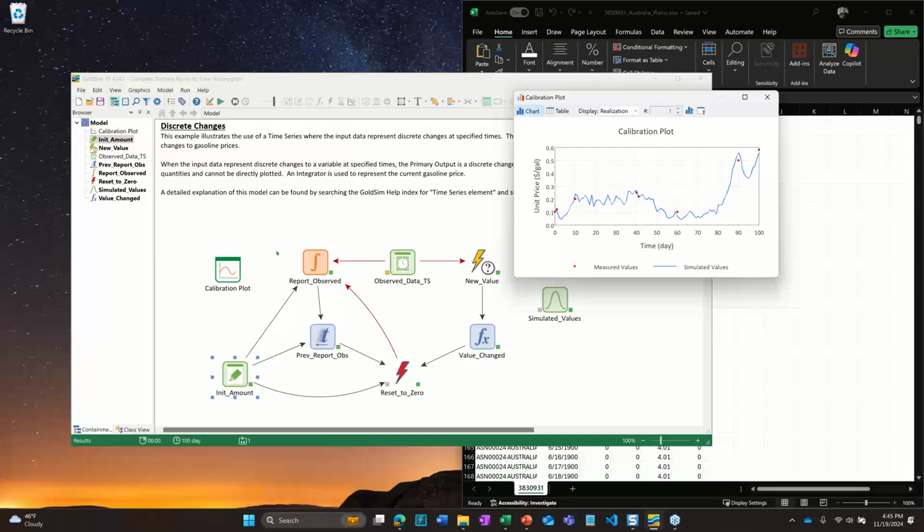Not only that, you could do an optimization in GoldSim in which you look at the difference between these measured values and your continuous point just at those times, calculate those differences, and take the root mean squared or whatever over time, and try to minimize or maximize whichever one you're looking at.